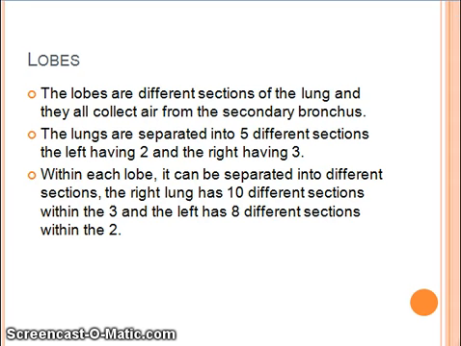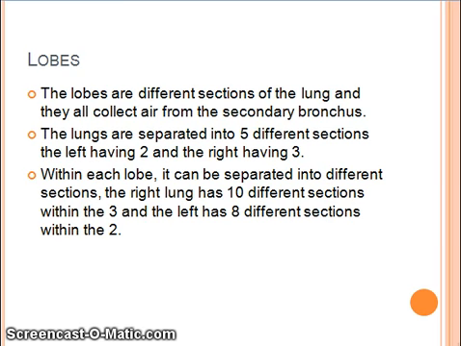Lobes. The lobes are split up into different sections. These sections are found in the lungs, and they all collect air from the secondary bronchus. There are 5 different sections, the left lung having 2 and the right having 3. Within each of these lobes, it can be separated again into different sections.